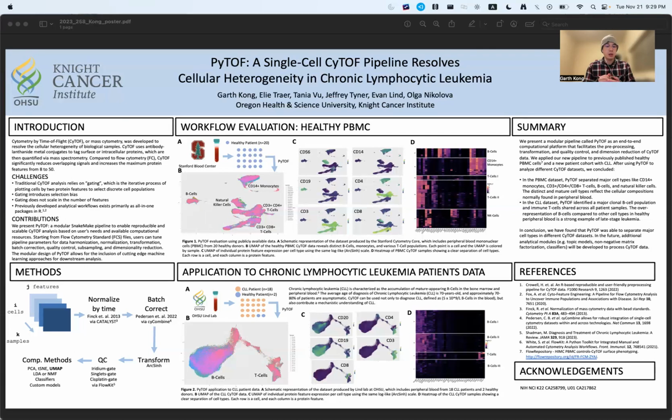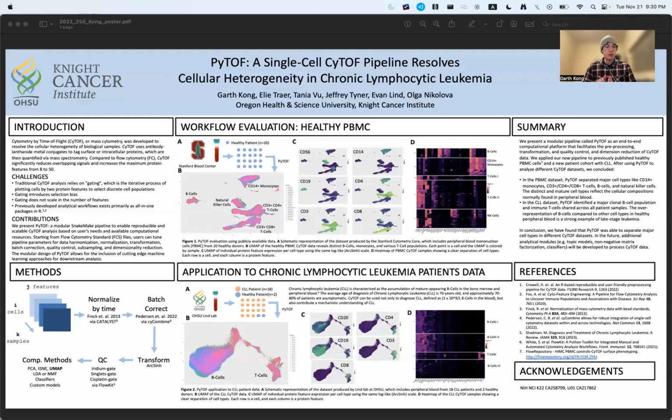Now, a current challenge with analyzing CyTOF datasets is that scientists are still using the gating strategy, which is, can you plot two protein features on an X and Y axis, and then select for distinct cell populations.